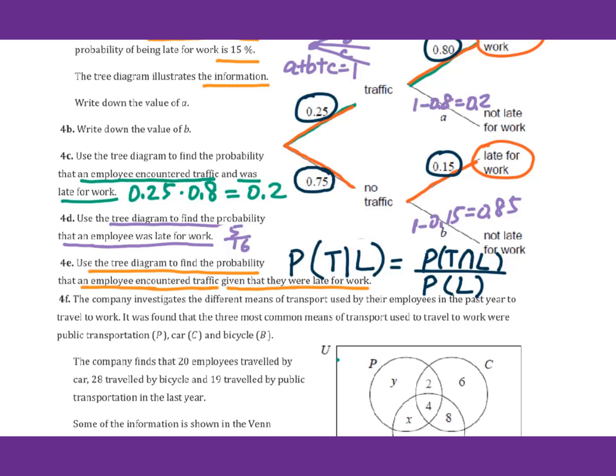When you do this kind of probability, always check whether you can use the answers you got for the previous questions. We already got the probability of being late is 5/16. Late and also encountering traffic, that's given to you as 0.2.